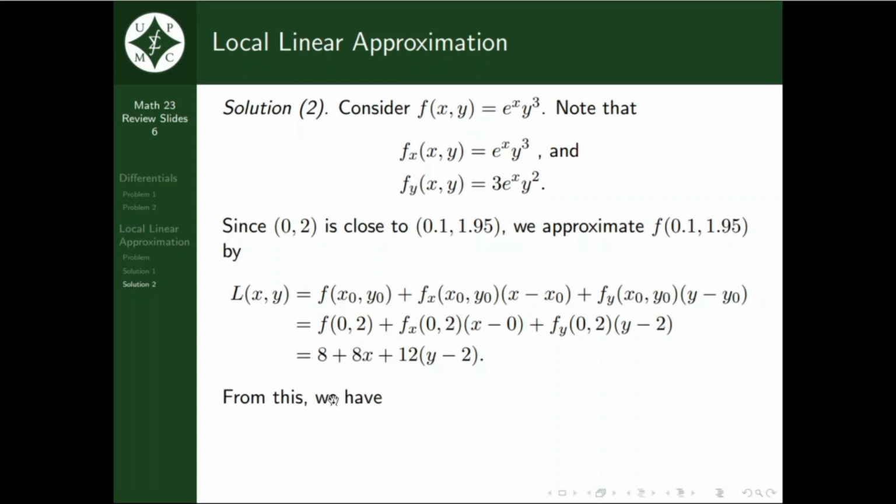And then, from this, we have yung linearization naman niya, or L of (0.1, 1.95). We just substitute values again, like what we did before. So, it's just equal to 8 plus 8 times 0.1 plus 12 times (1.95 minus 2). So, this is 0.1. Tapos ito naman, negative 0.05.